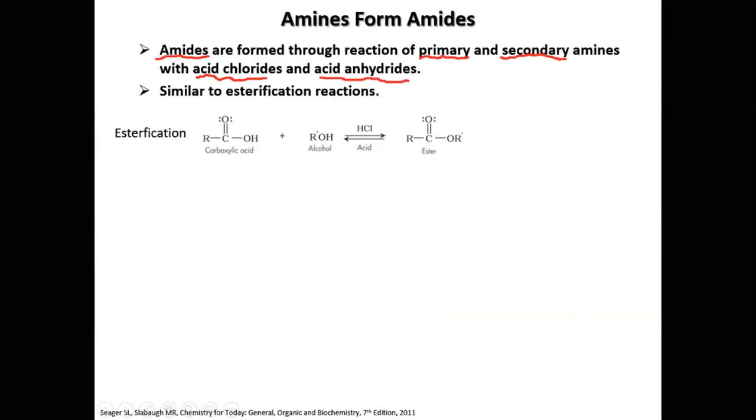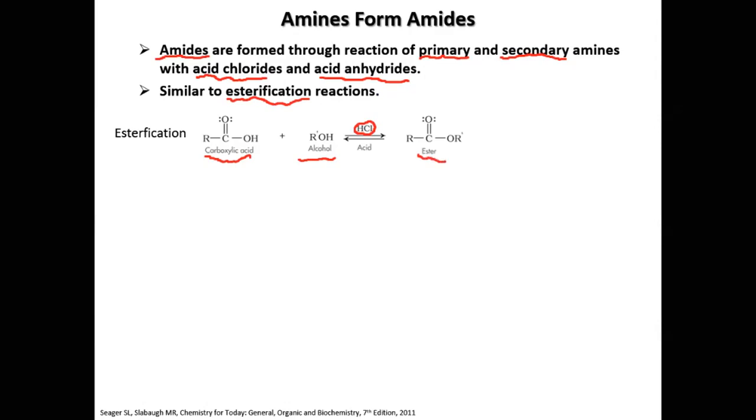This may ring a bell because last week we used another acid anhydride, which was acetic anhydride. These reactions are very similar to esterification reactions. In esterification, we take a carboxylic acid and an alcohol in an acid-catalyzed reaction, and we form an ester.